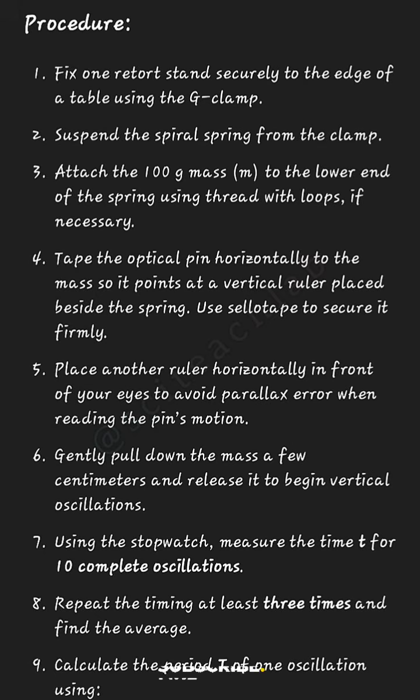And then gently pull down the mass a few centimeters, which will be given to you, and release it to begin vertical oscillations, right? And then using the stopwatch, measure the time T for 10 complete oscillations. In my case, WAEC maybe 20, maybe 15, maybe whatever it is, and repeat the timing at least 3 times.